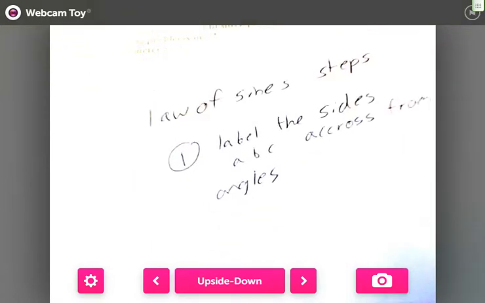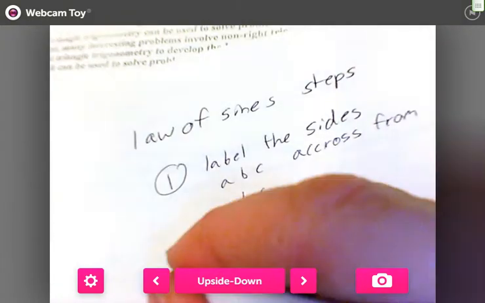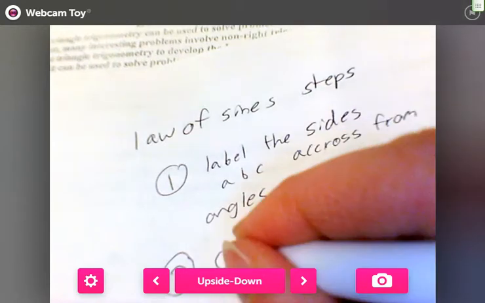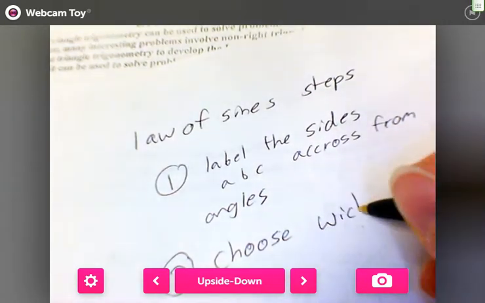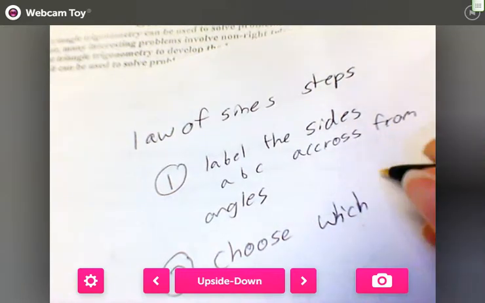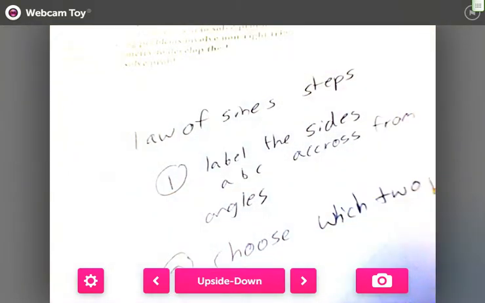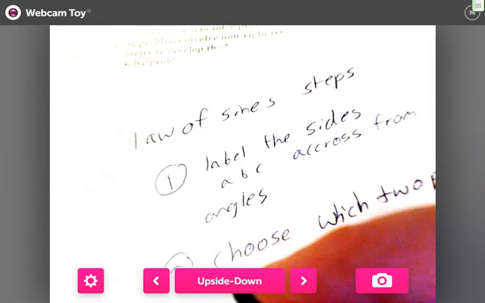Step 2: choose which 2 parts of the equation to use.